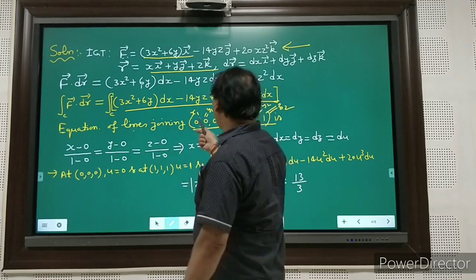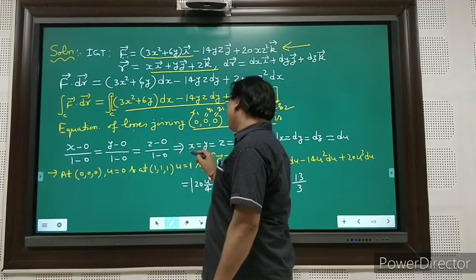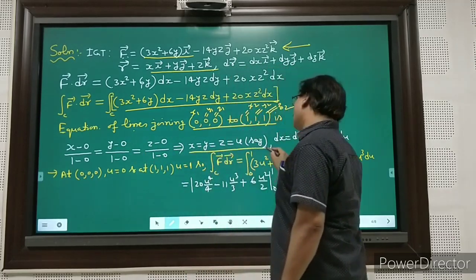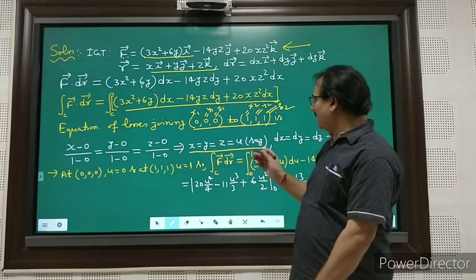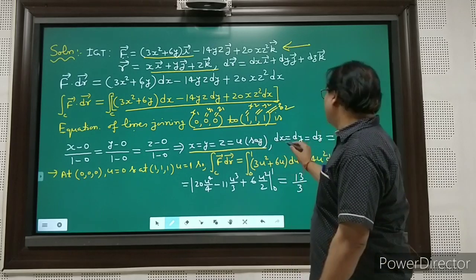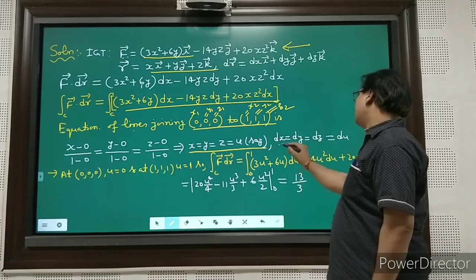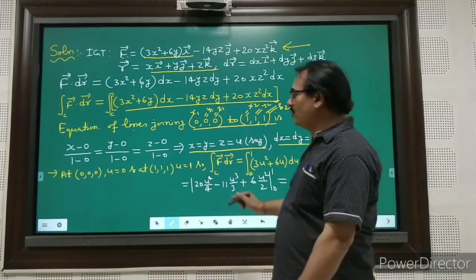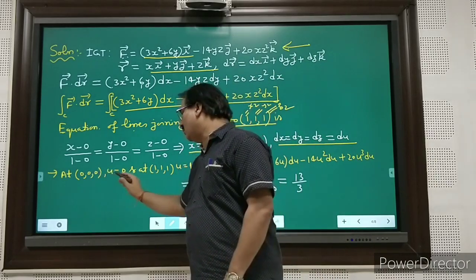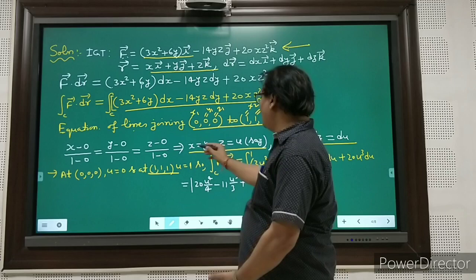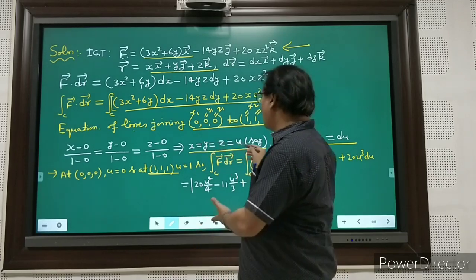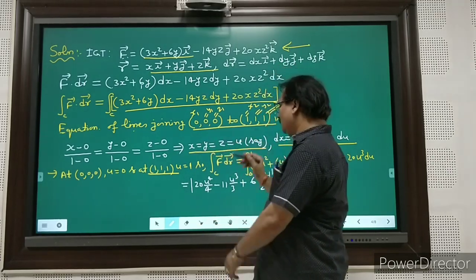Now all the values are here. Then you will get x equals y equals z equals u. Let us suppose these are proportionate values and the value is u. Then dx equals dy equals dz equals du. Now you replace: at (0, 0, 0), u is 0, and at (1, 1, 1), u is 1, because everywhere you look the equality x equals y equals z equals u.